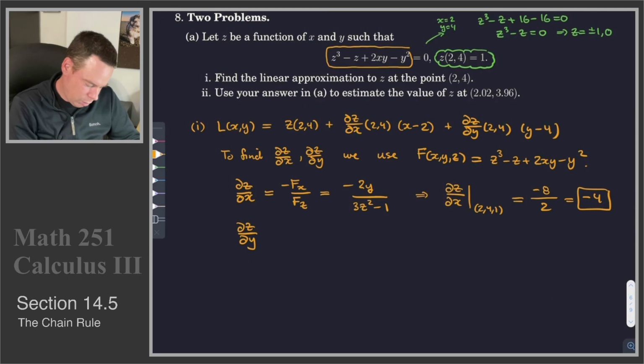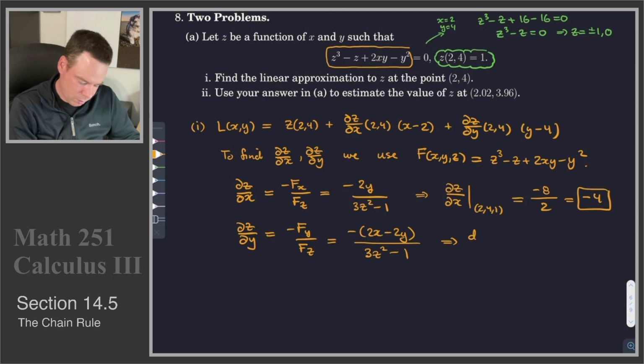The other partial derivative we want is the y partial, so that's negative F sub y over F sub z. The derivative with respect to y gives negative, and then 2x minus 2y, all over the z partial.